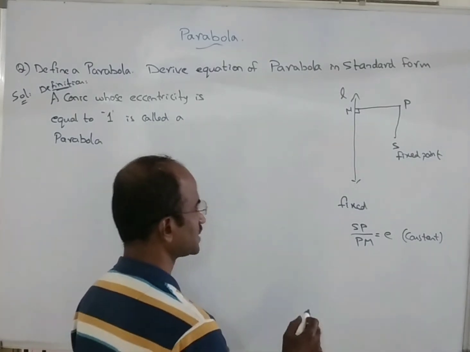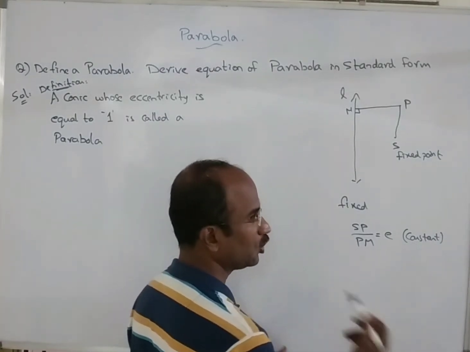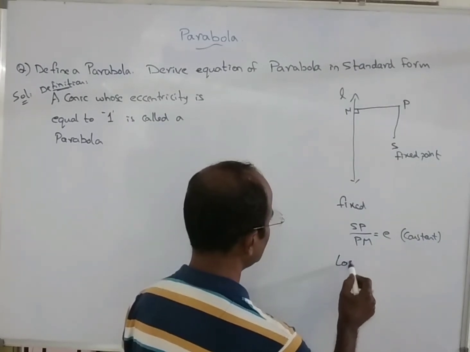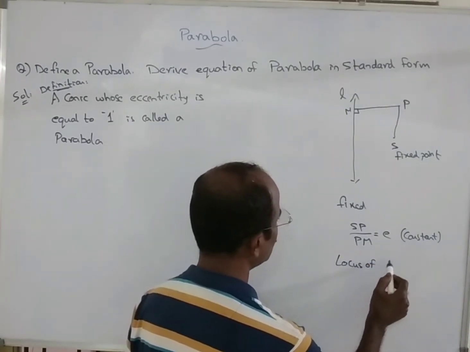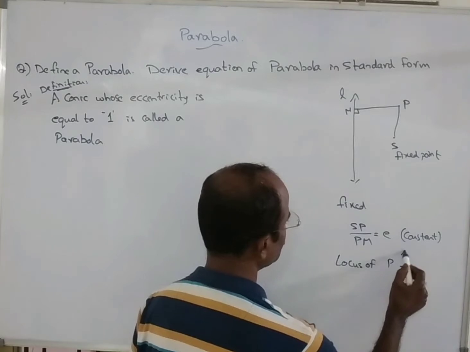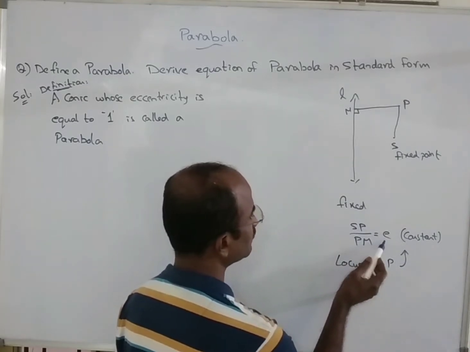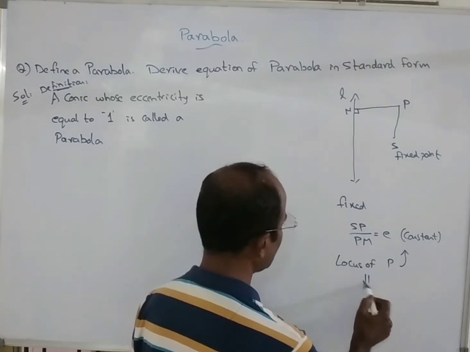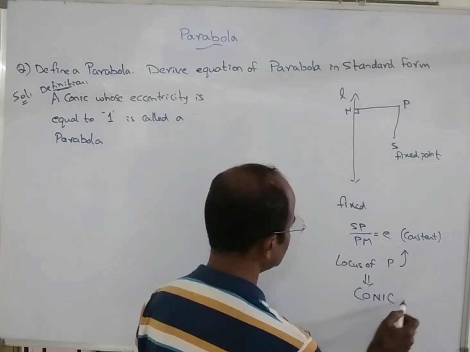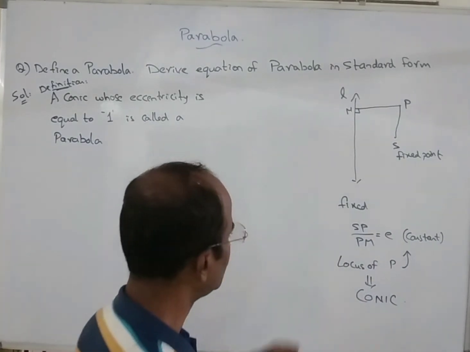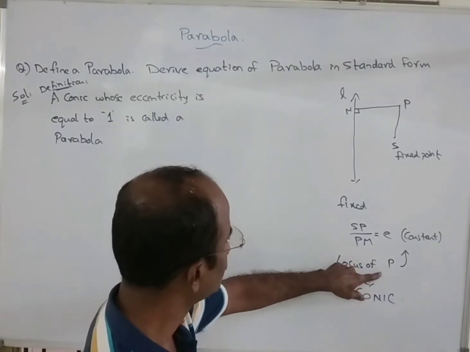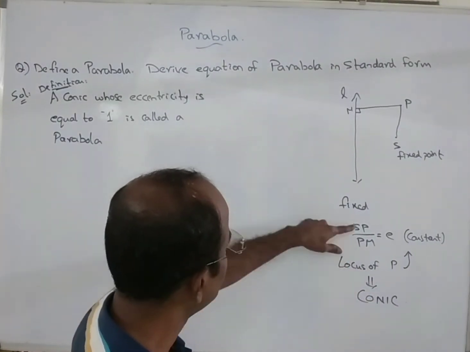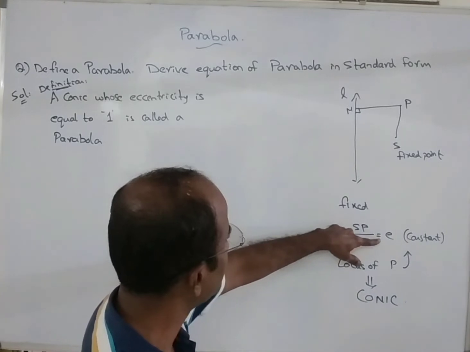Then such points form a locus. And we say locus of P such that SP by PM is equal to E, always a constant. That particular locus is called a conic. I repeat again, locus of a point P such that SP by PM is equal to E. What is S?